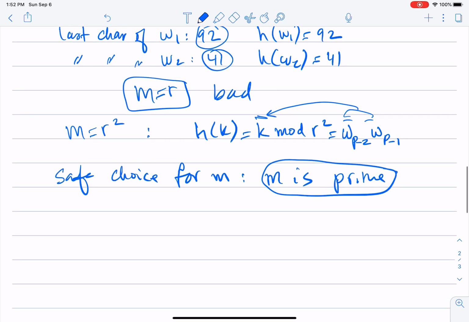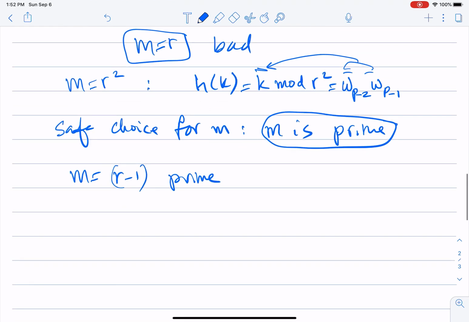So imagine M is equal to R minus 1 and it is prime. Imagine the R minus 1 is prime. Okay? This is a bad choice. Why?